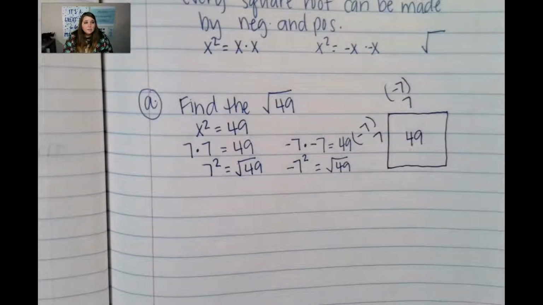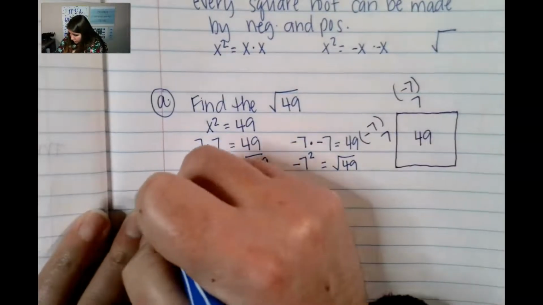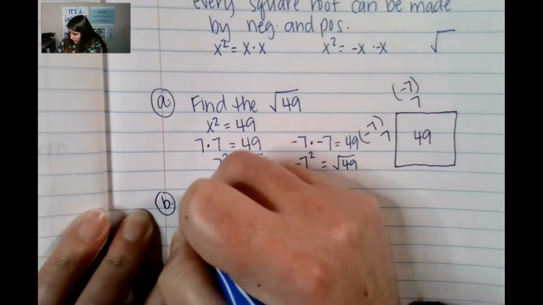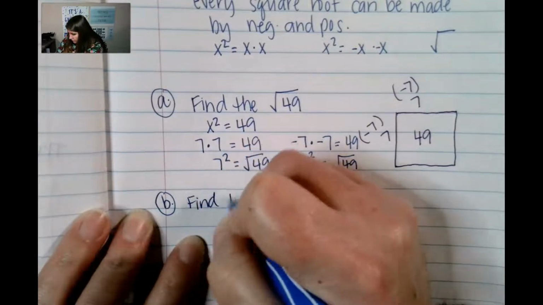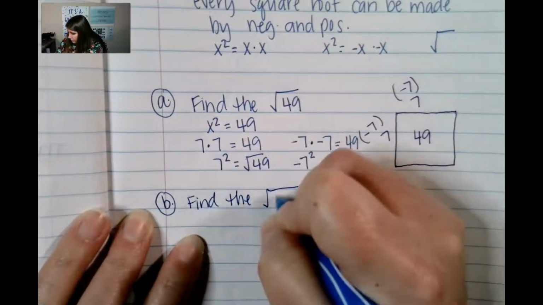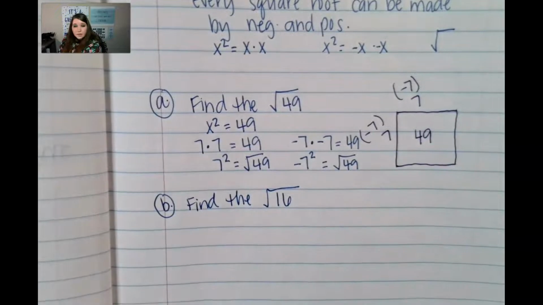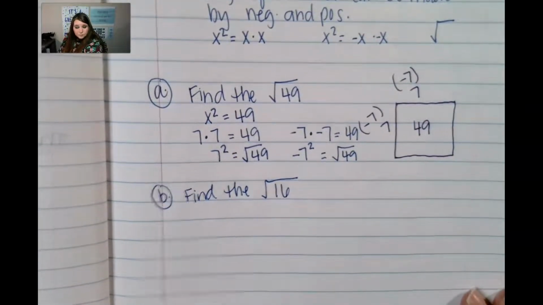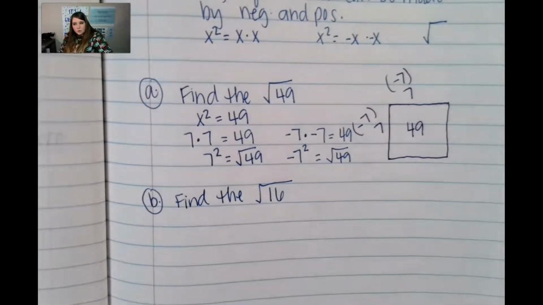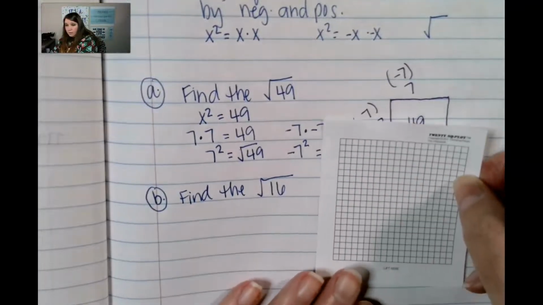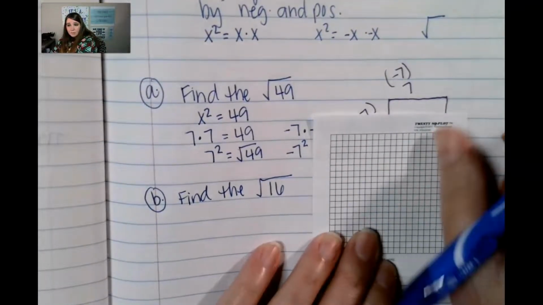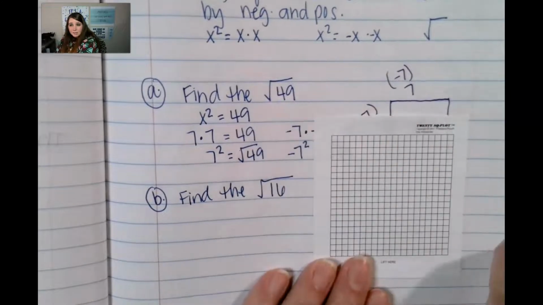So let's see if we can have another example. Okay, so let's do 16. Let's look at example B, and I want to find the square roots of 16. So in this example, I happen to have a square that has 16 pieces. So how do I make 16?